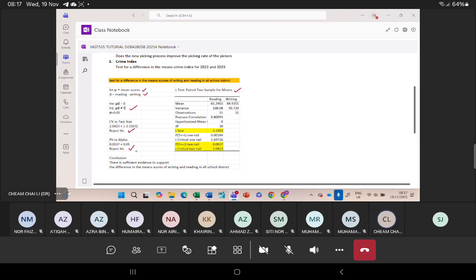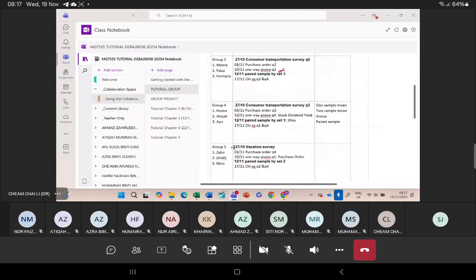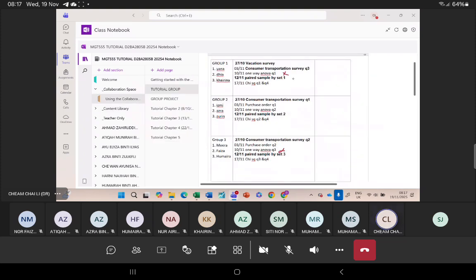So this is the decision. Conclusion: based on this hypothesis, the mean writing and reading scores have significant difference, right? So far, anyone has a question? Have anything to ask on question 1? Anyone done this?